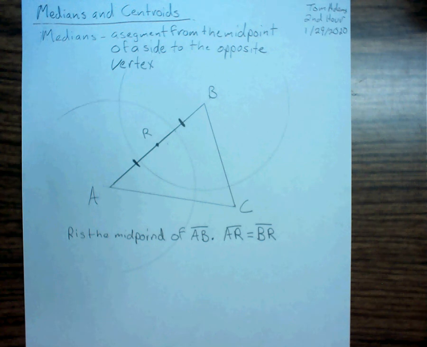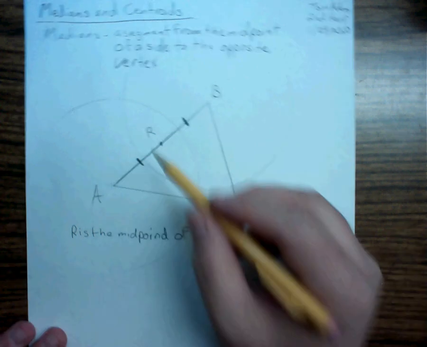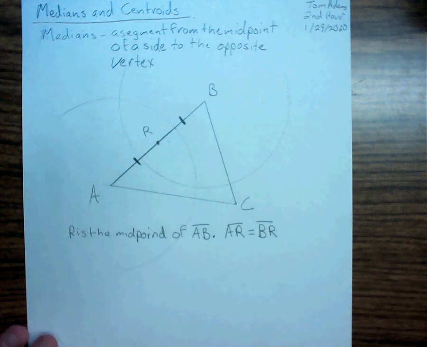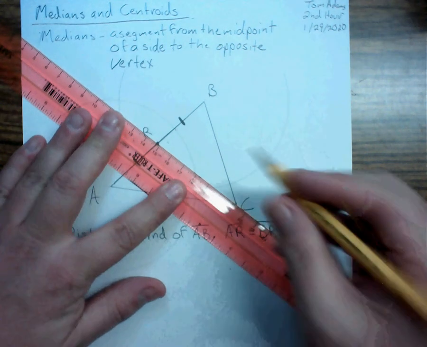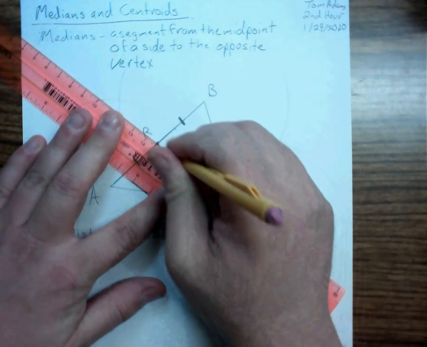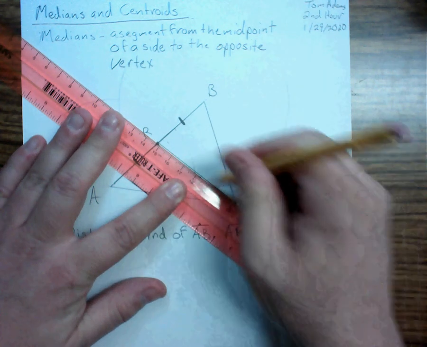So look at R and tell me which vertex is the opposite of R. C. So from R, opposite of R is C. So I'm going to take my ruler and draw a line from C to R. Okay?